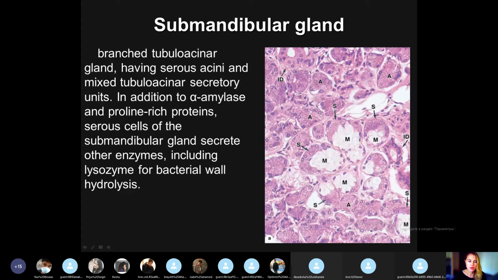So this is mixed acini, and here we can see the typical serous acini. The main secretory products of the submandibular glands are alpha amylase, which we mentioned before.